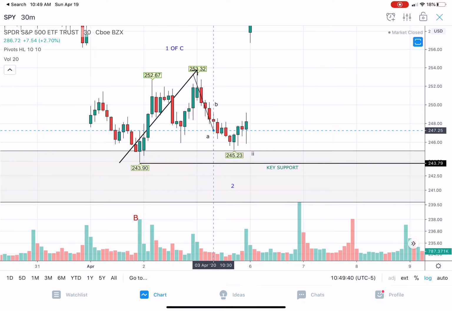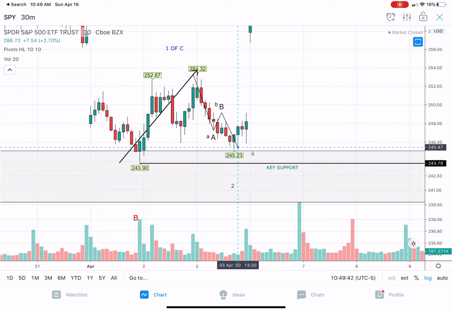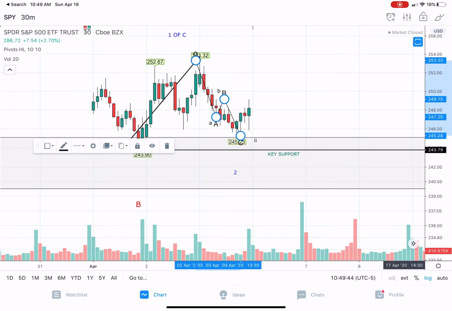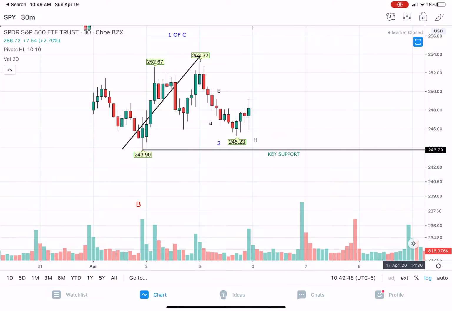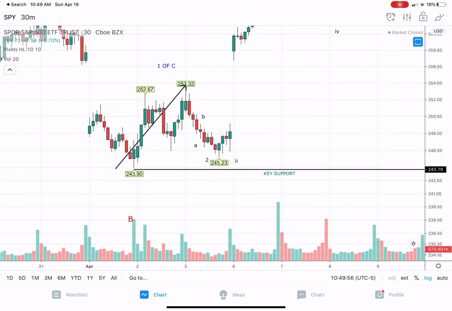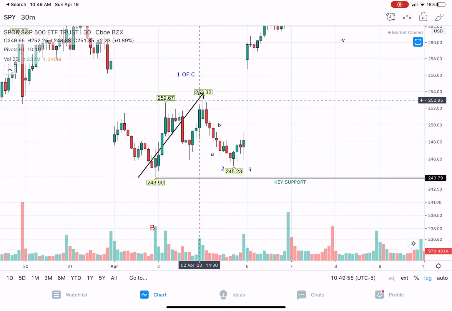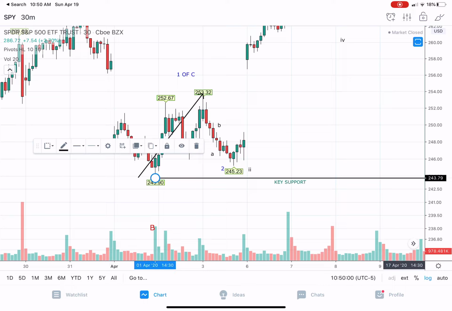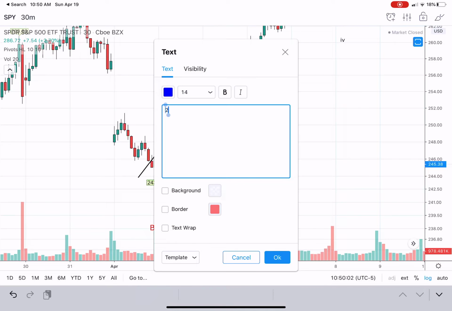You can see a clear A, B, C. So here is a wave 2. Let me delete this stuff. We have our wave 2 here, and it made a higher low, right? So then from there, we have our wave 1, wave 2. This would be 2 of C.